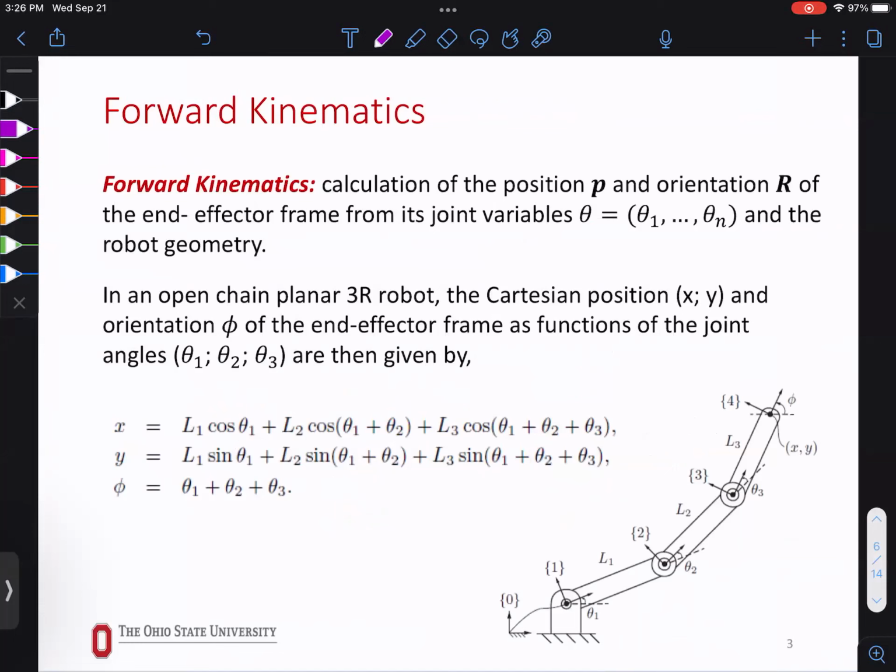Now there's one simple way of writing forward kinematics equations. Let's say you have this robot with 1, 2, 3 arms, so the robot has links. If I ask you what's the position of this last thing, one simple way is to find out what's the x and what's the y, so get an equation for x and y.